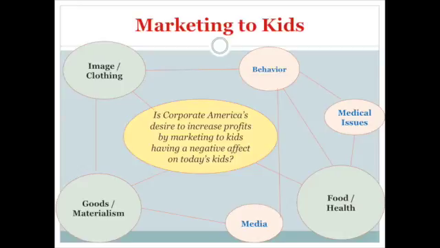We also know that medical issues can come out of poor eating, unhealthy kids, but we also know that these medical issues can affect their behavior. We can see a tie there to goods and materialisms, how they use media to promote these goods and materialisms, but how media can also affect behavior.